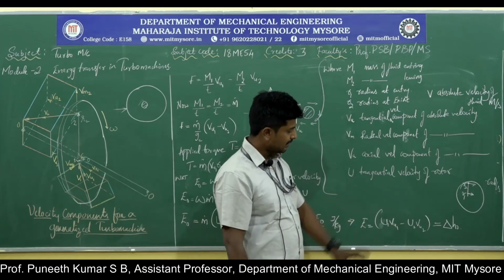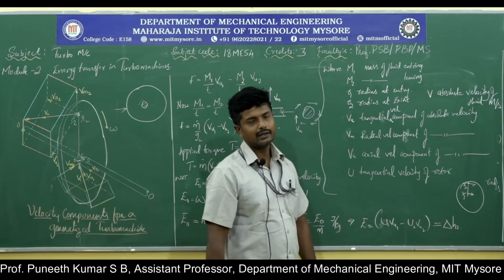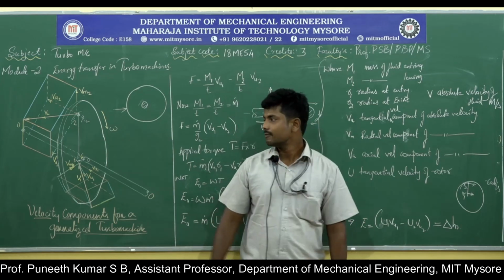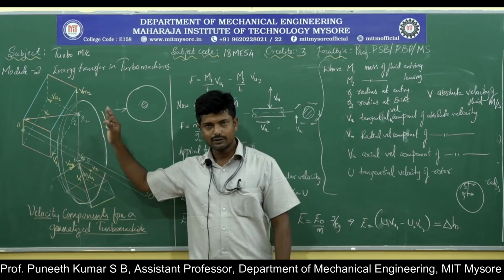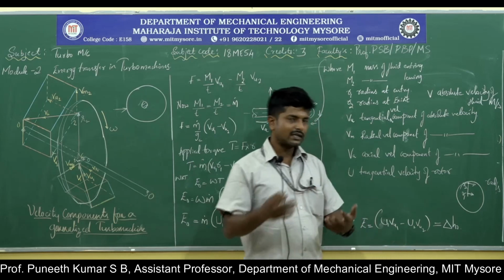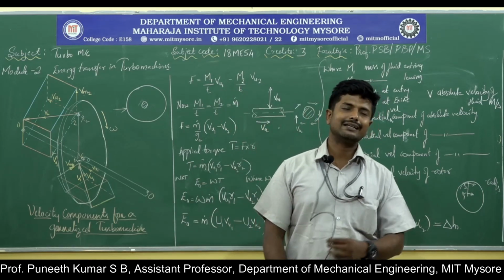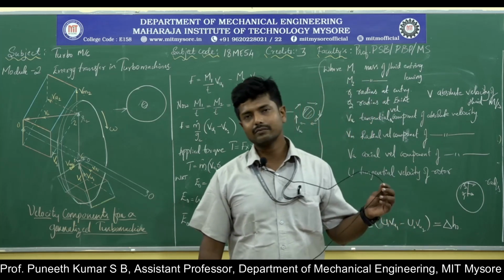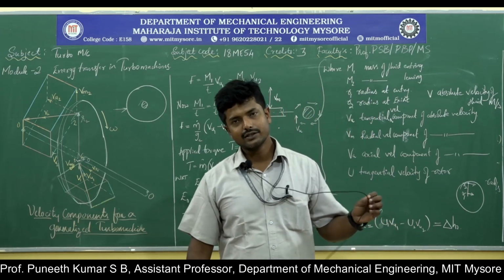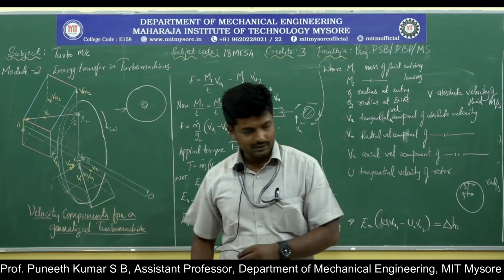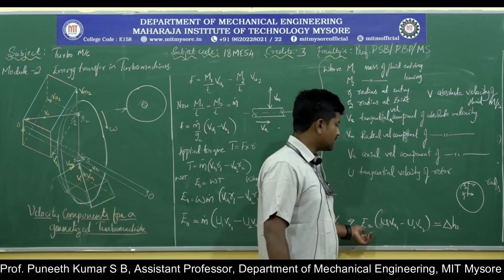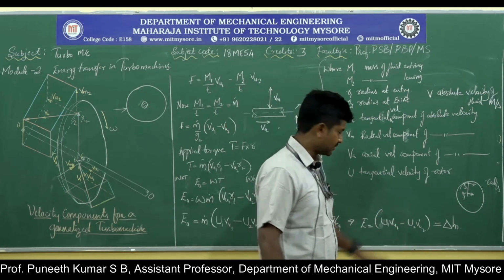This is the basic fundamental energy transfer equation for a generalized turbo machine. It might be for an axial machine, radial machine, a reaction machine, or an impulse machine, irrespective of any classification of turbo machine. This is a universal energy transfer equation of a turbo machine.